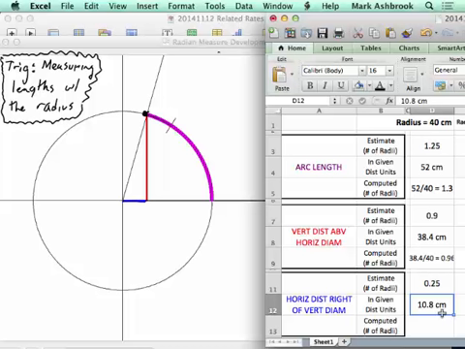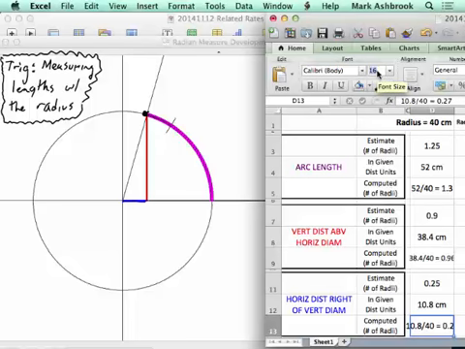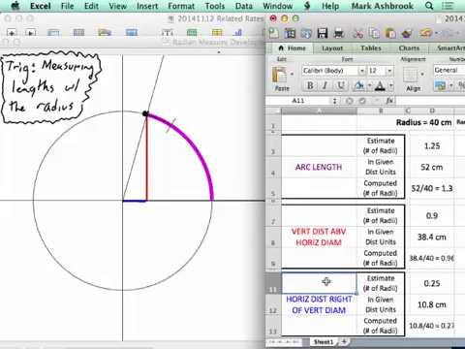The length of that red stick measured with the radius is 0.96 radii. And the last one? 0.27. So basically it's pretty straightforward.